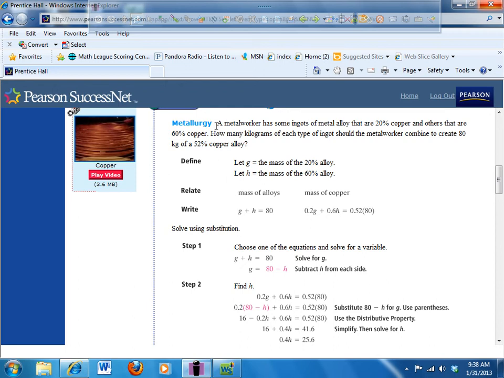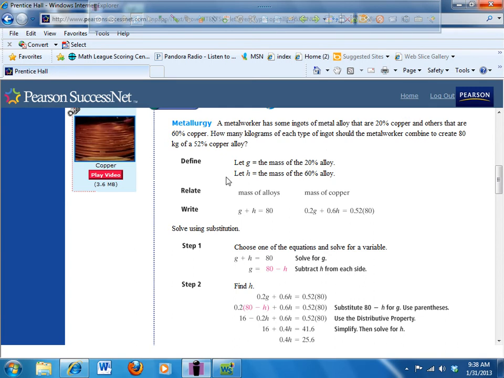It says a metal worker has some ingots of metal alloy that are 20% copper and others that are 60% copper. How many kilograms of each type of ingot should the metal worker combine to create 80 kilograms of 52% copper? Okay? And so what you do is you set up a variable.